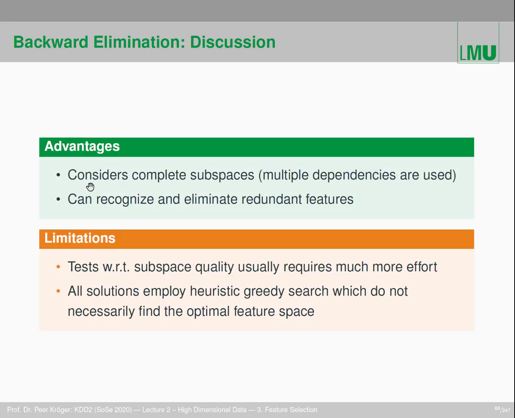Short discussion. It considers complete subspaces. This is definitely on the pro side. Multiple dependencies can be explored, and it can recognize and eliminate redundant features, which is also a good point. Downside: the test with respect to the subspace quality usually requires much more effort.